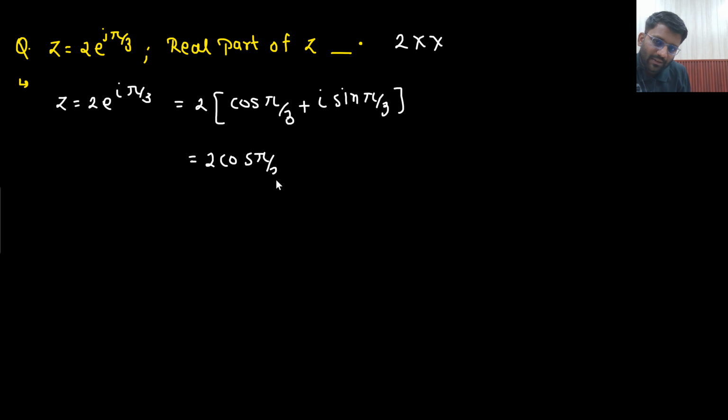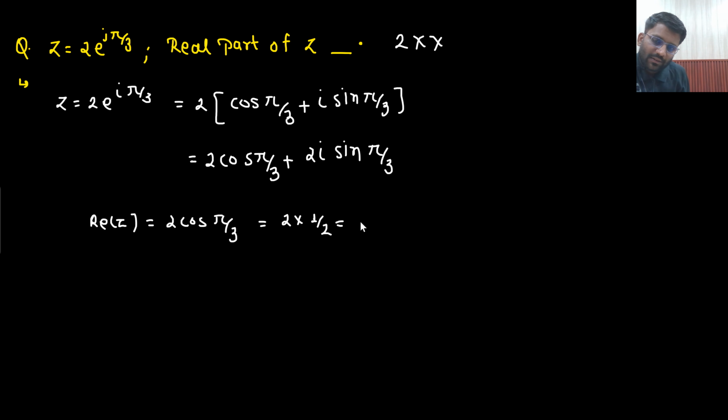That is the real part. The real part of z is 2 cos pi by 3, which is cos 60, which is equivalent to sin 30. Okay, so what is the answer? The answer is 1.